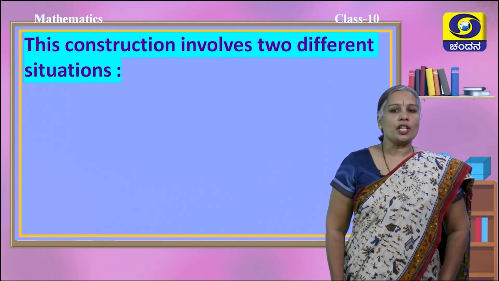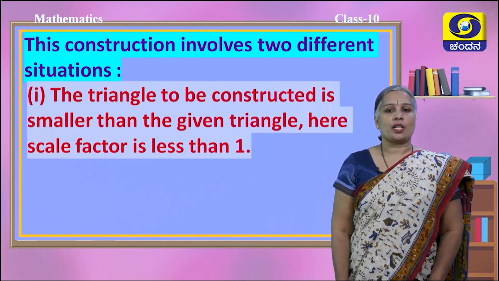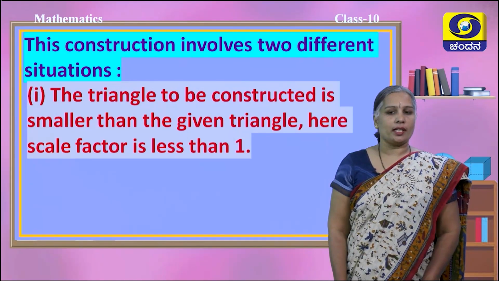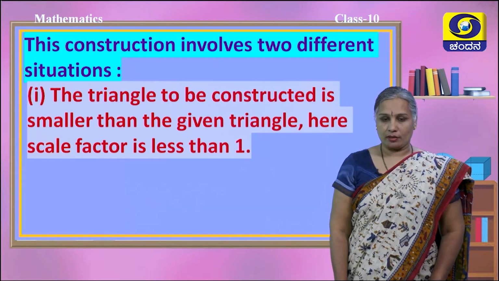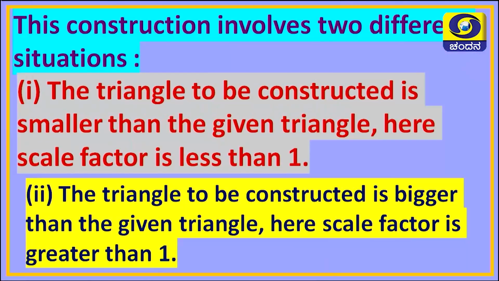Construction involves two situations. First situation is when the triangle to be constructed is smaller than the given triangle. Here the scale factor is less than 1. In other words, if the triangle to be constructed is bigger than the given, original triangle, the scale factor should be greater than 1.